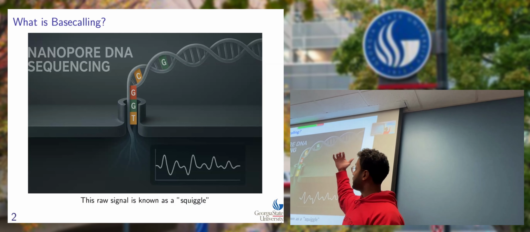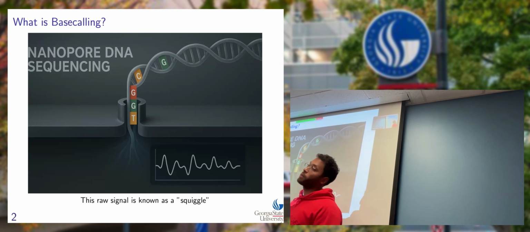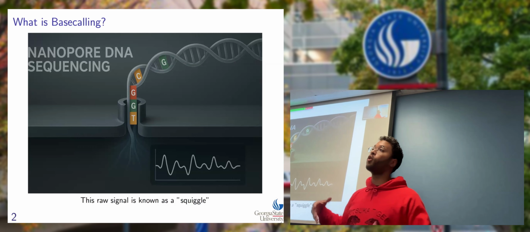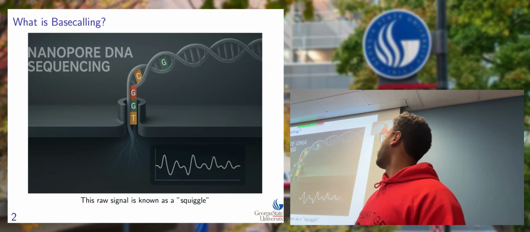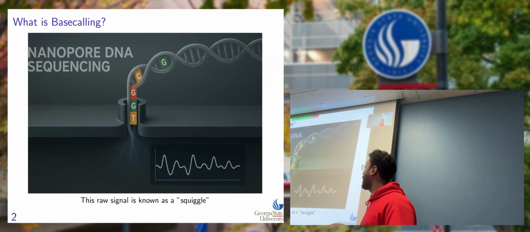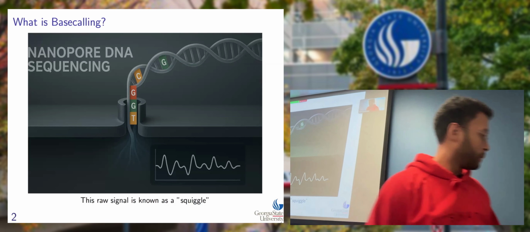And then as the DNA strand comes through the nanopore, it disrupts that potential, and what we have is some signal, some noisy signal. Well, that is our sequence. Or as it's called in the literature, we have a squiggle.